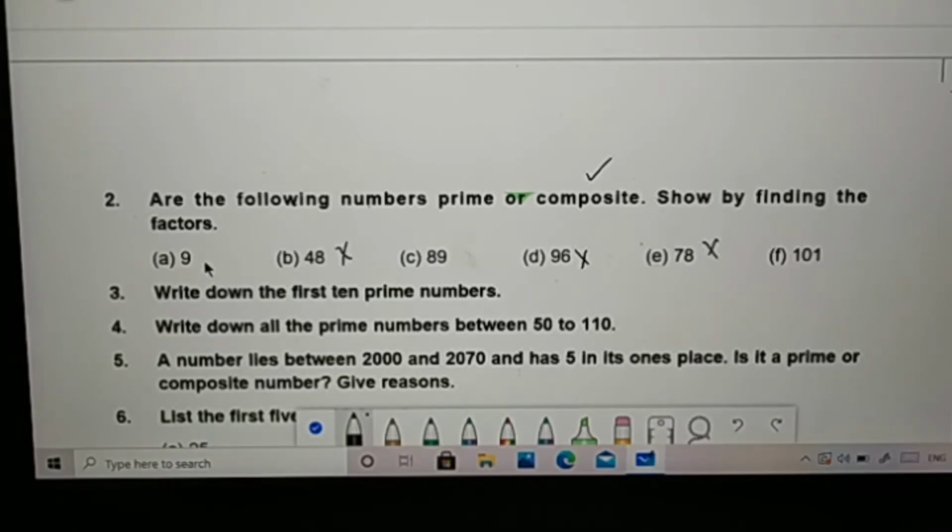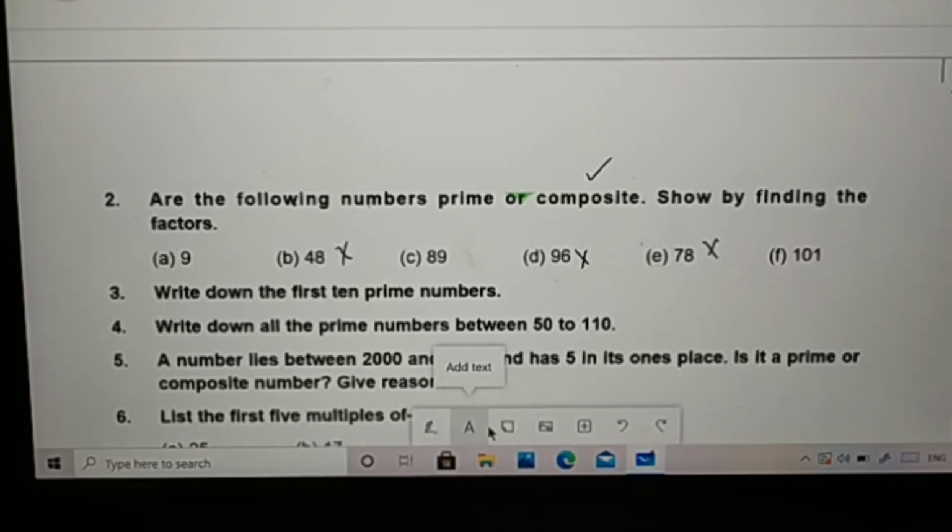9 has factors 1, 3 and 9, as it is divisible by 3. And now 89 and 101: for 89 you have to check by dividing by all the prime numbers.